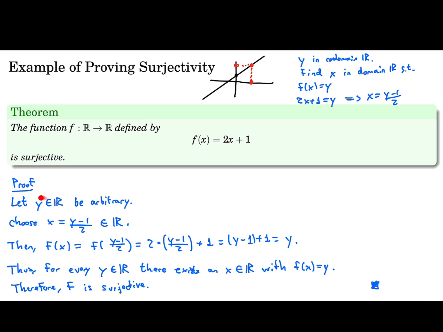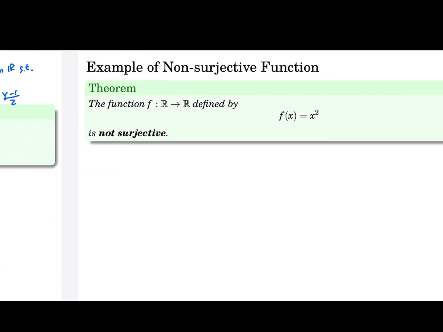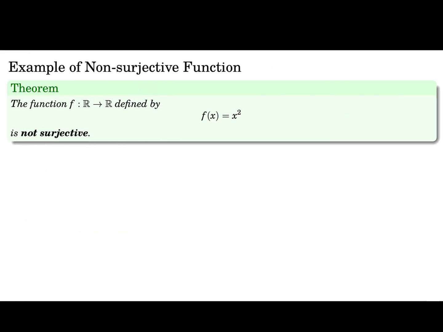And so since this is true for every y, every y has an input that it is the output of. Okay, very good. Let's look at an example of a non-surjective function. So again, if we look at this function here, this is a parabola, f of x equal to x squared.